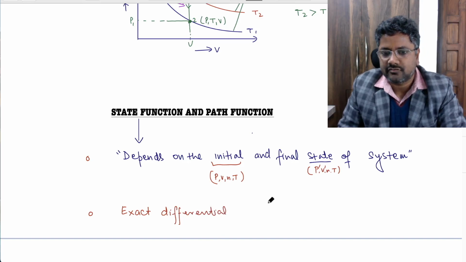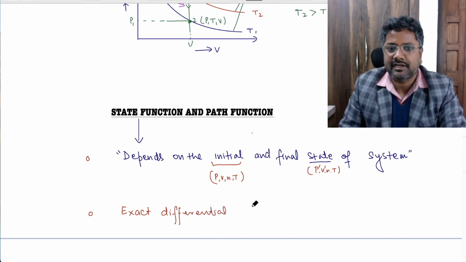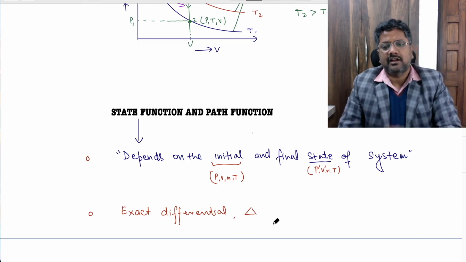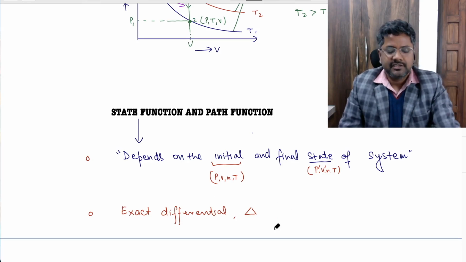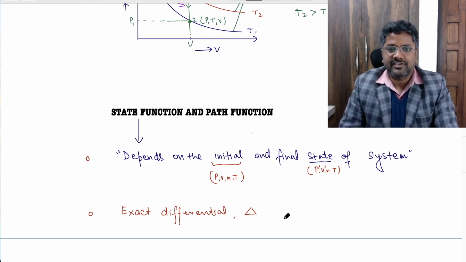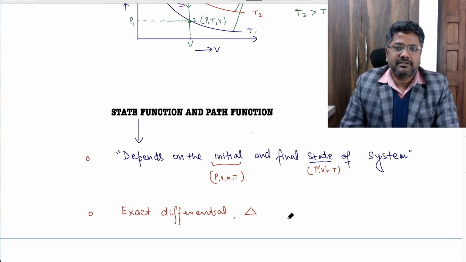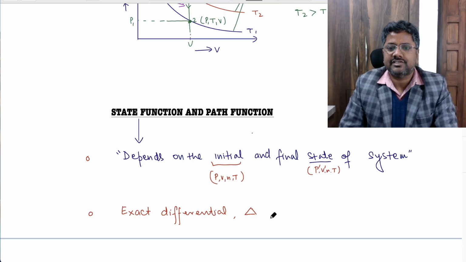What is the meaning of exact differential? They are represented with this delta, right? So this is the IUPAC convention. Although representation is a matter of convention, so you can write or you can leave it, but IUPAC recognizes this delta as a state function.